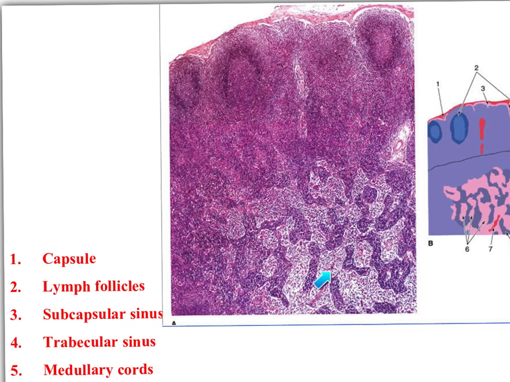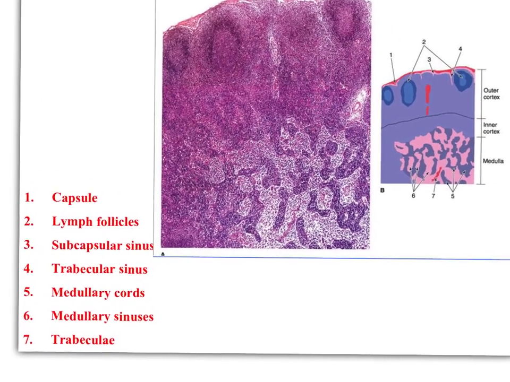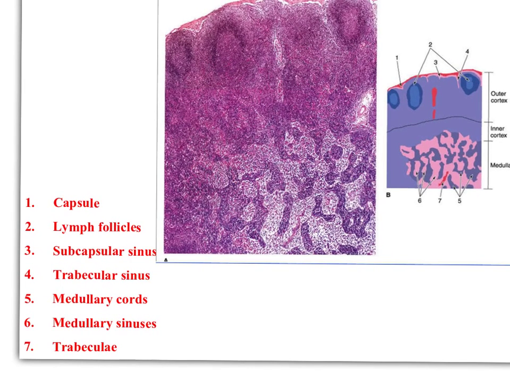The area between the cord and the trabeculum, which is dotted here, is the medullary sinus. Don't forget, the medullary sinuses are lined by 2 types of cells, and the medullary sinuses contain the filtered lymph. So this is the label for medullary cords and medullary sinus.